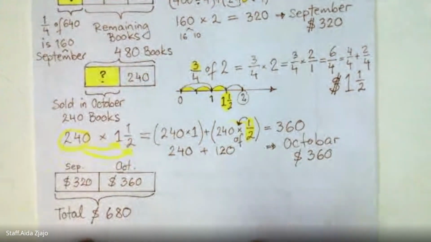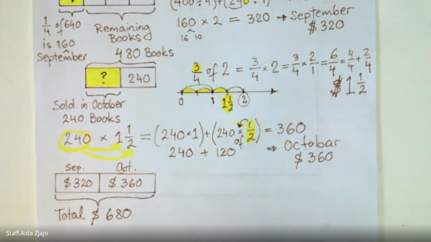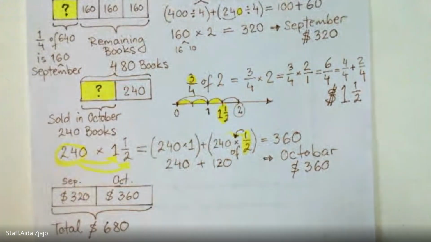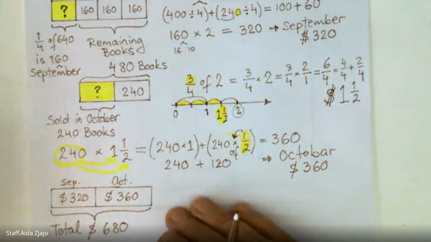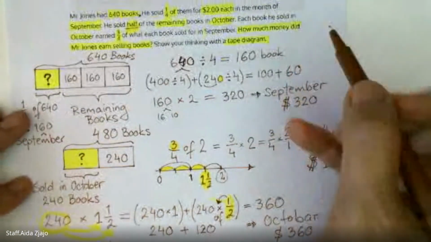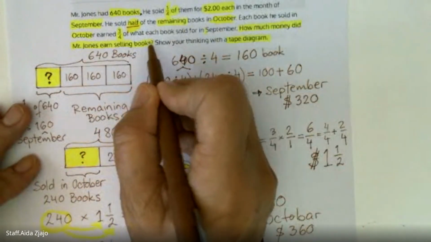Okay, so now all that is left is we read the problem, we drew a tape diagram, we did the calculation, and now it's time to write our answer in a full statement. We can use the language of the question. How much money did Mr. Jones earn selling books?